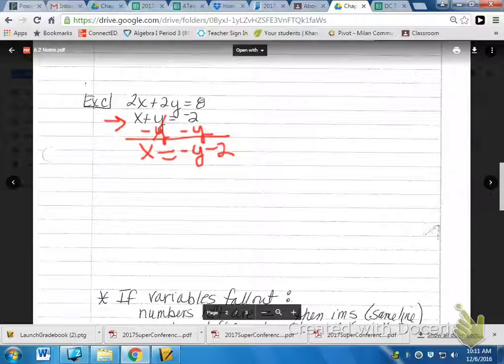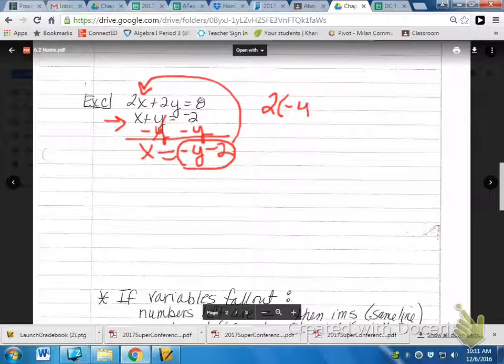And then we're going to take this -y minus 2 and put it in this top equation in place of x. So that would make us have 2 times the quantity -y minus 2 plus 2y equals 8. Are you with me? I took what x was equal to and substituted it back in up at the top equation in place of x. Now I must distribute.